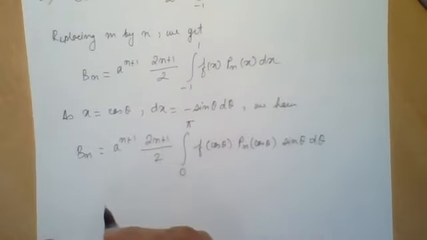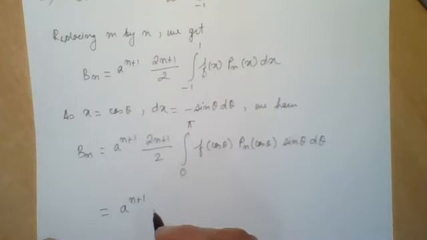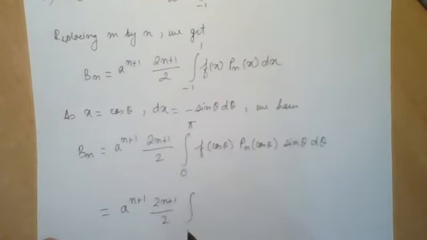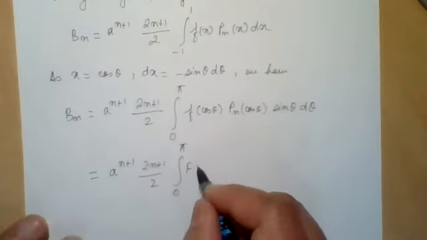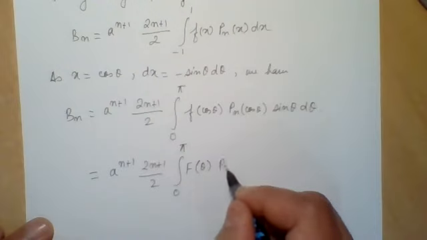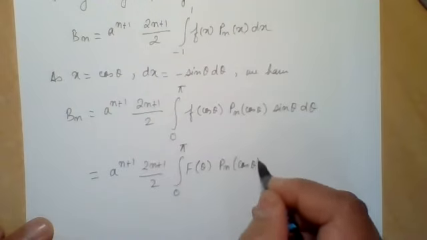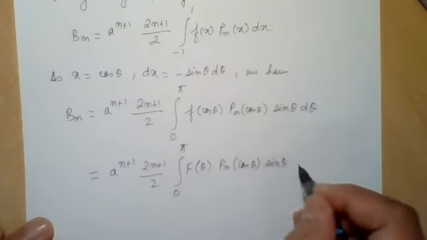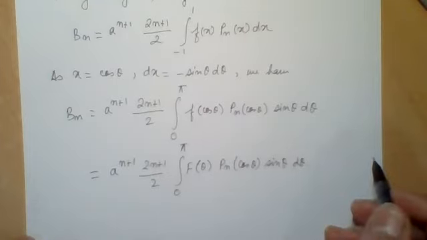And this is equal to a to the power n plus 1 times 2n plus 1 by 2, integration 0 to pi of F of theta Pn(cos theta) sin theta d theta.